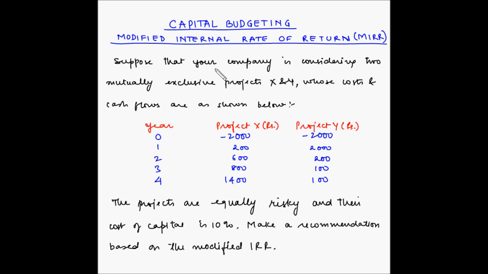Suppose that your company is considering two mutually exclusive projects X and Y, whose costs and cash flows are as shown below.